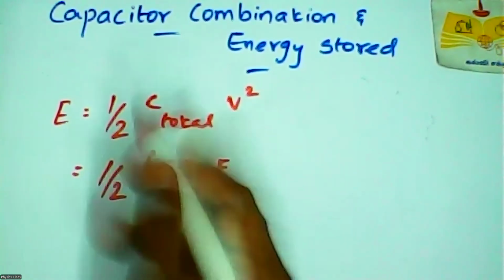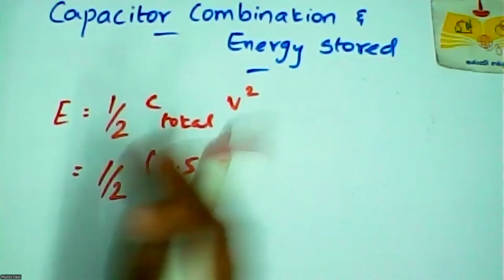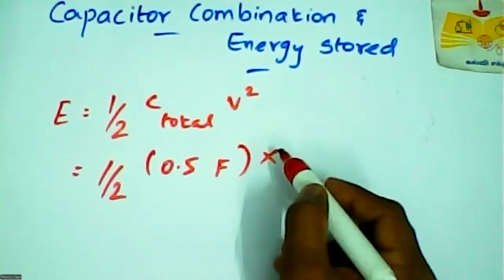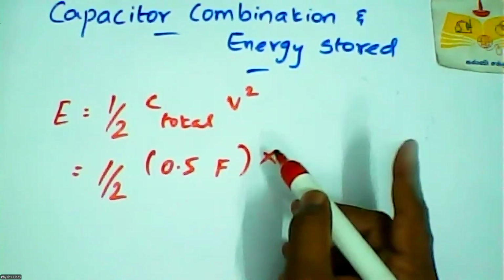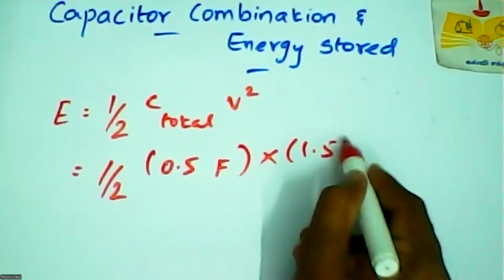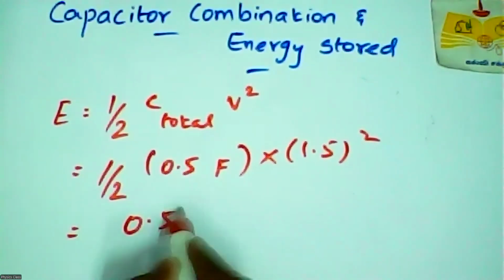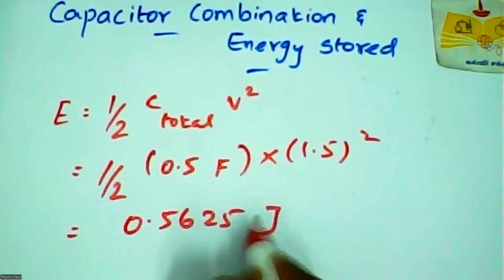We can neglect 10 power minus 13 plus 13 like that for simplicity. Okay. Right. Into V square. So V means 1.5, so 1.5 square. So we will get 0.5625 joule.